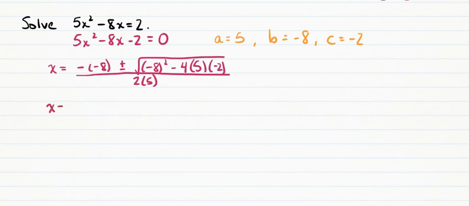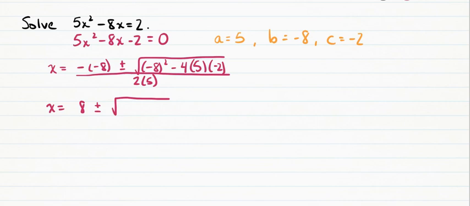Okay, simplifying. Here again, negative 1 times negative 8 is positive 8, plus or minus the square root of, and we're going to get 64 plus, because we're going to have a negative 4 times positive 5 times negative 2.